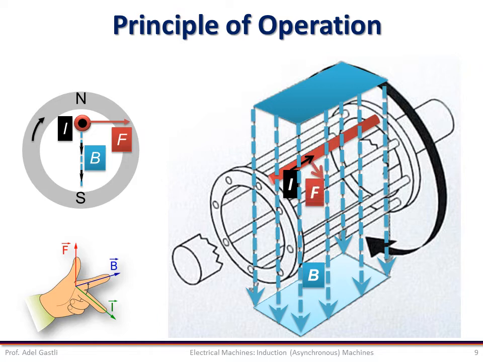The interaction between flux and the induced current in the rod creates a force whose direction can be determined by the left-hand rule. So each rod of the cage will have a force exerted on it because of the interaction between the stator magnetic flux and the induced current inside the rotor circuit.